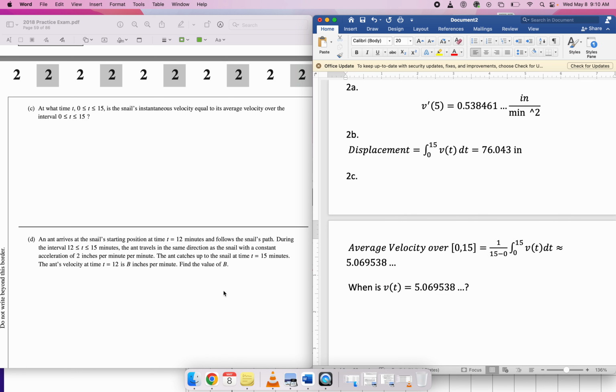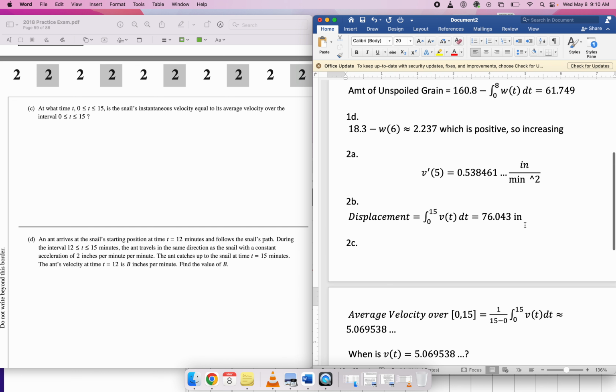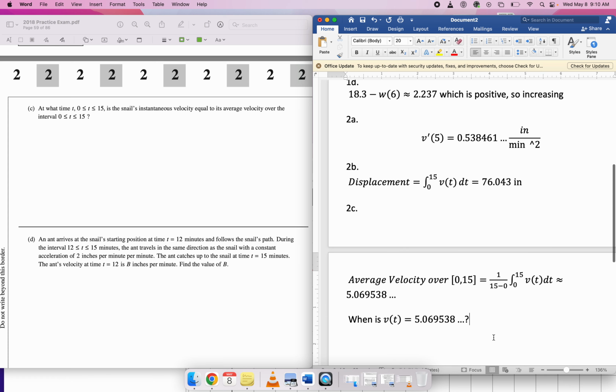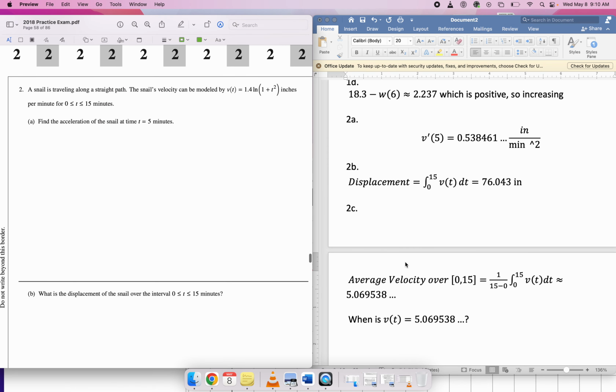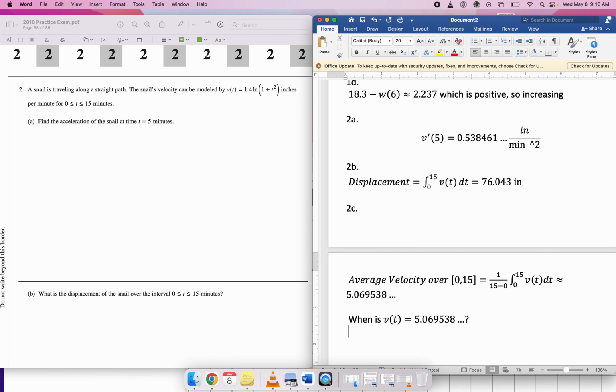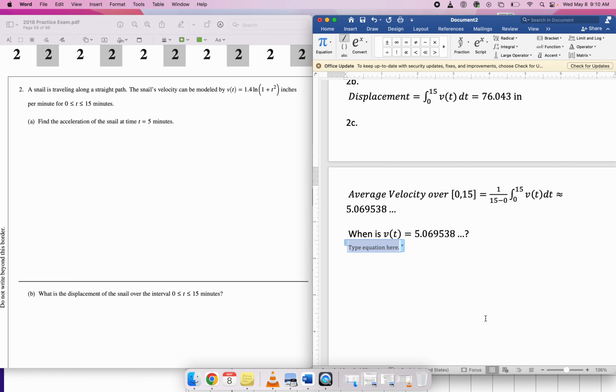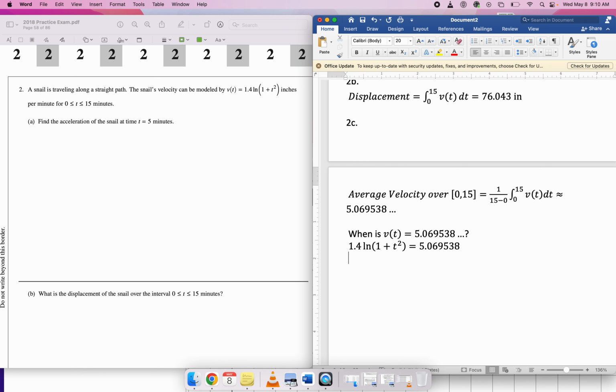To answer that, you can say, on your calculator, v of t is the function 1.4 natural log of 1 plus t squared. So this is the equation 1.4 natural log 1 plus t squared equals 5.069538. You can solve this equation on your calculator by just subtracting that number from both sides.